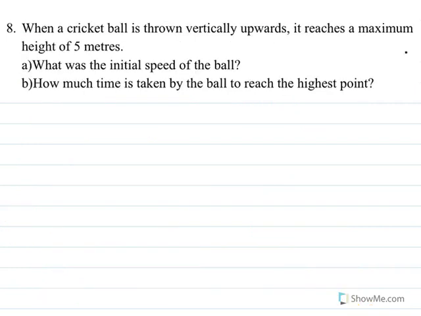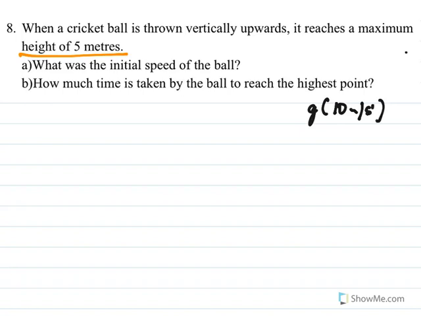When a cricket ball is thrown vertically upwards, it reaches a maximum height of 5 meters. What was the initial speed of the ball, and how much time will it take for the ball to reach the highest point? Now in this case, the g is to be taken as 10 meter per second square.